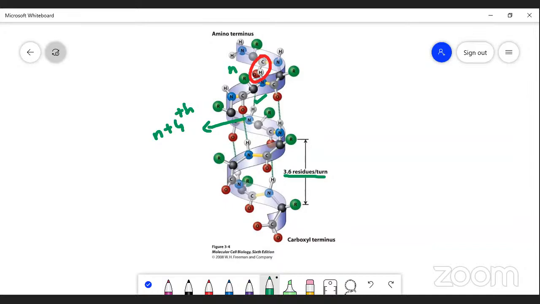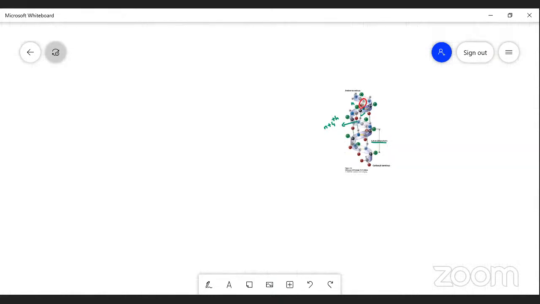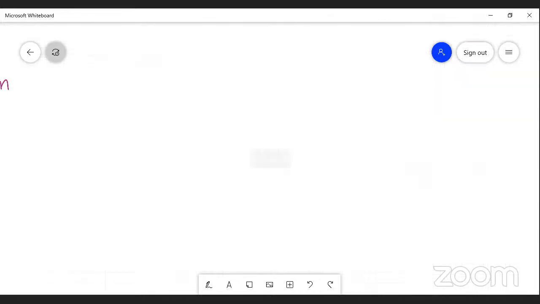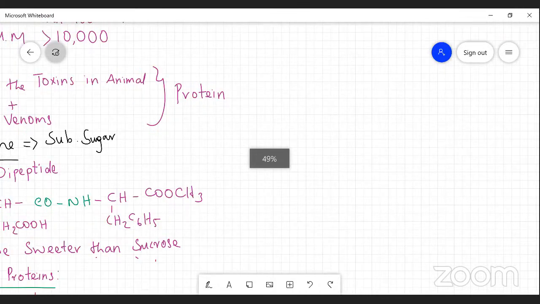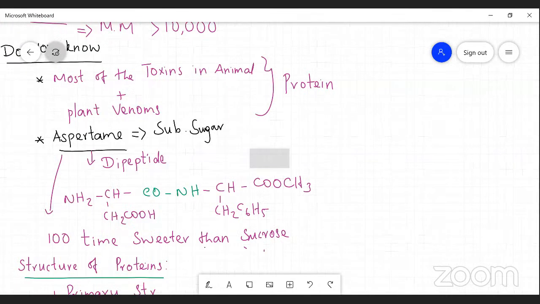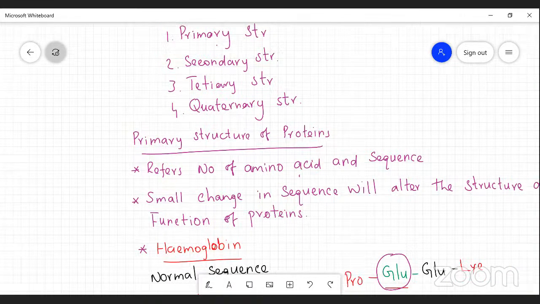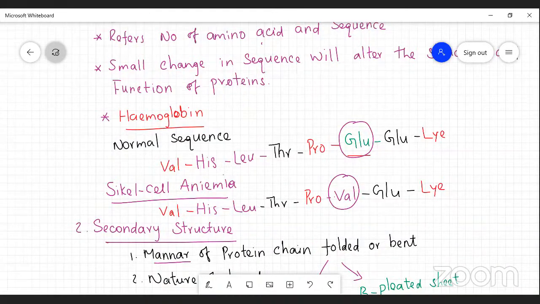Now we are taking the beta pleated structure.